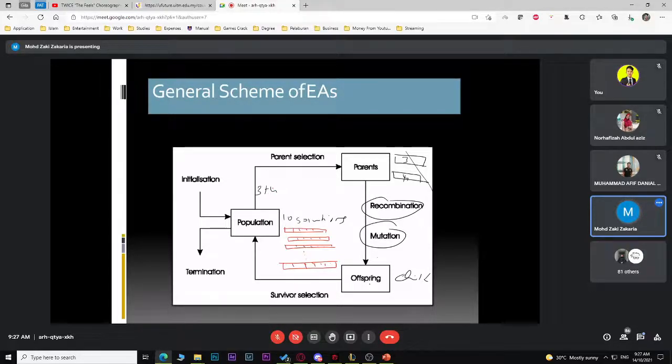Chromosomes 3 and 4 are the best out of the 10 solutions, so we put them as parents. After we put 3 and 4 as parents, we do the crossover or recombination.